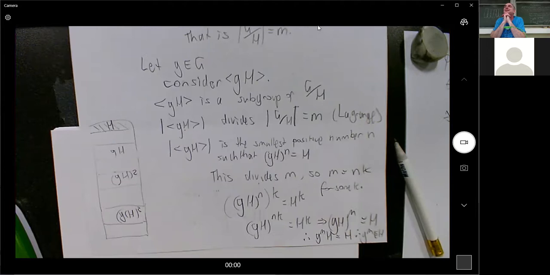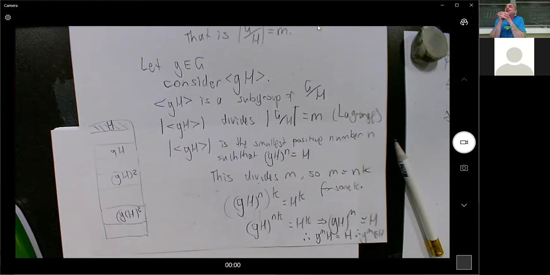If you were writing this properly, you would write E to the K. No, H to the K. I'm doing powers of the element of the factor group G factor H. So I can say EH to the K if I want, but H is a subgroup, and it's also an element of another group.